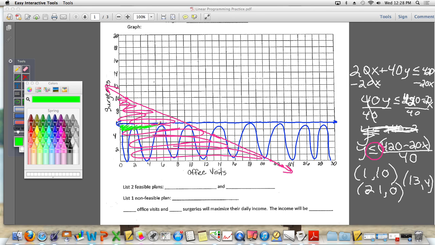What shape does this look like, you guys? A trapezoid, thank you. Yes, a trapezoid.